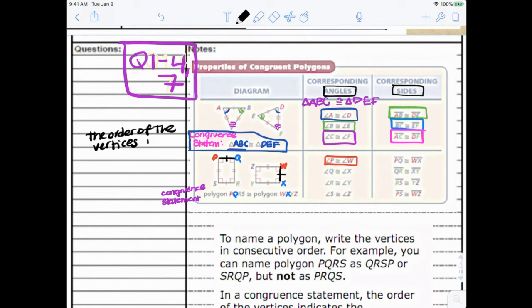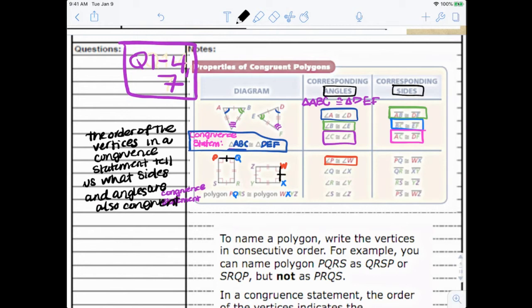The order of the vertices in a congruence statement tells us what sides and angles are also congruent. That is huge to know.